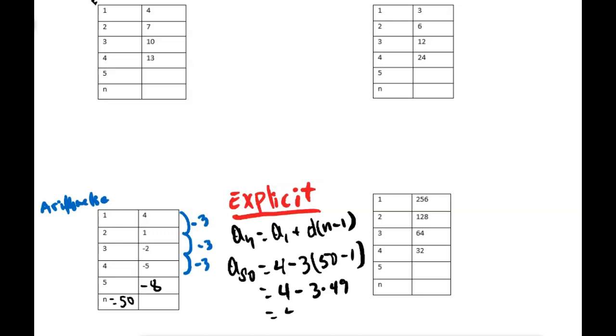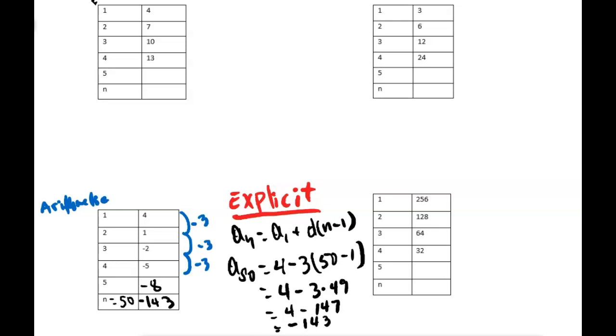So it equals 4 minus 147, and 4 minus 147 is equal to negative 143. So the 50th term will be negative 143. But to do that, I had to use the explicit formula.